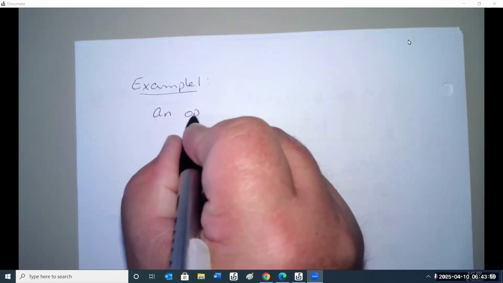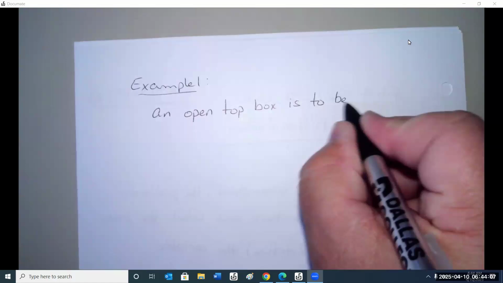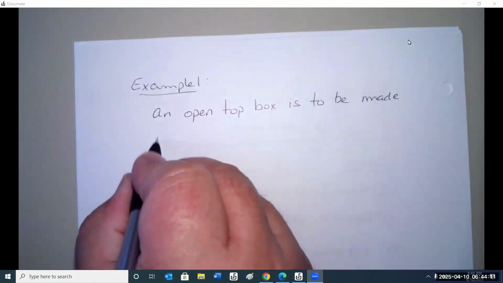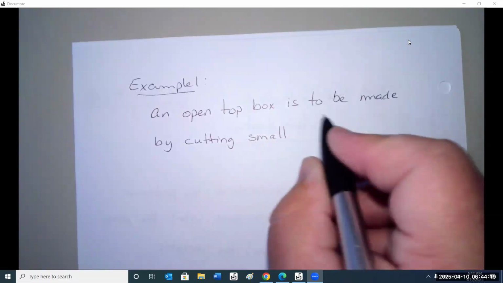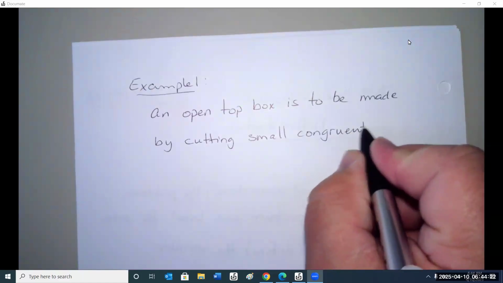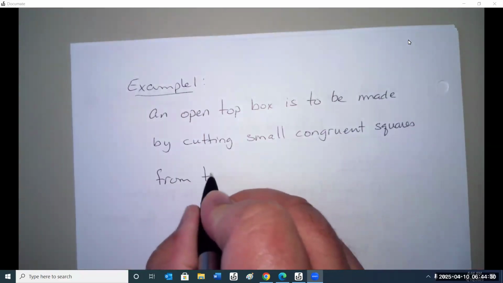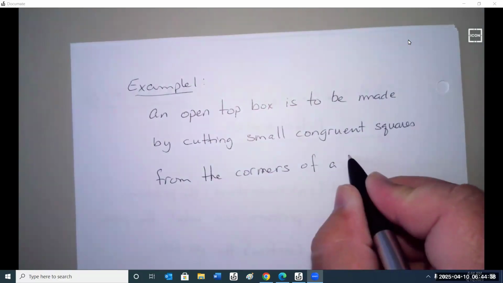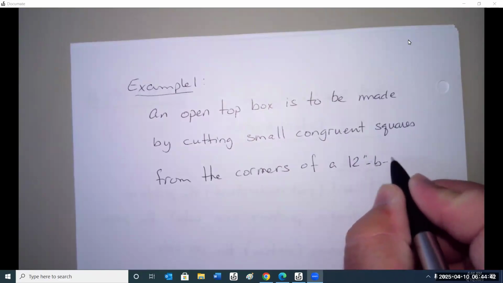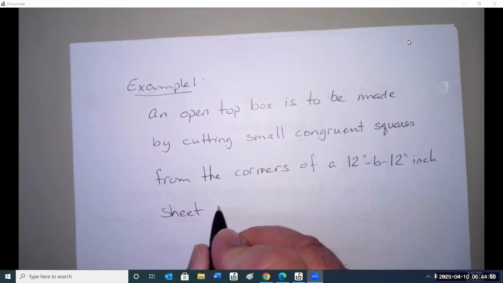Example 1. An open top box is to be made by cutting small congruent squares from the corners of a 12-inch by 12-inch sheet of tin.